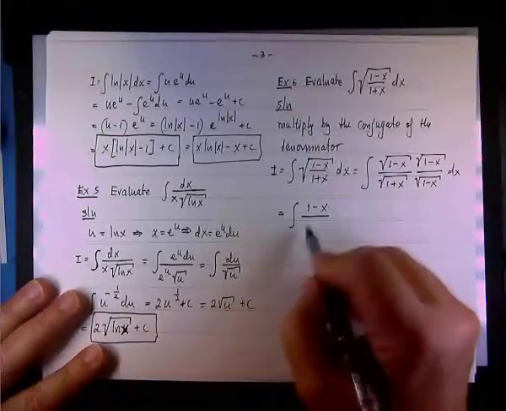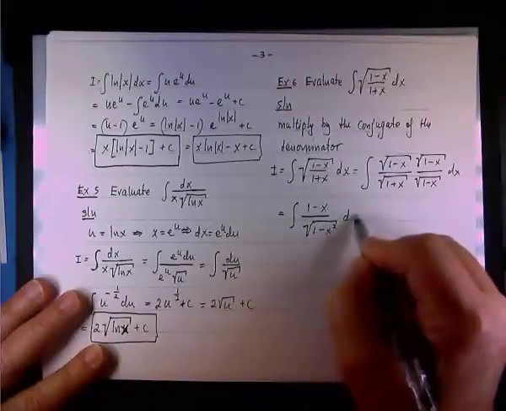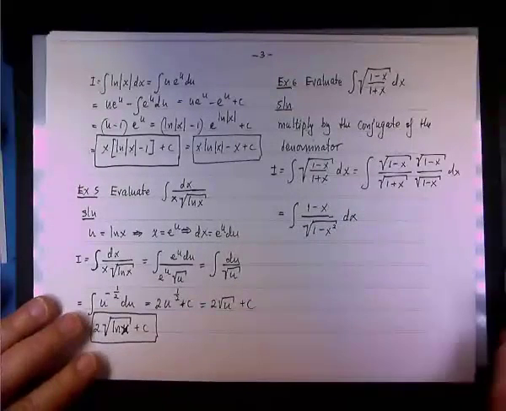So the numerator looks like 1 minus x. And further, here 1 plus x times 1 minus x becomes 1 minus x squared.